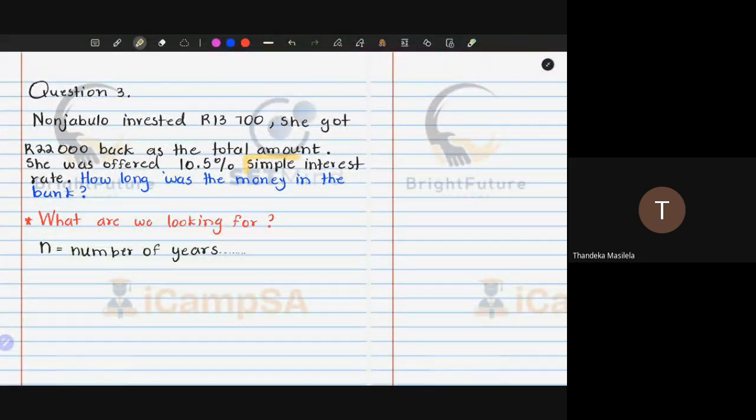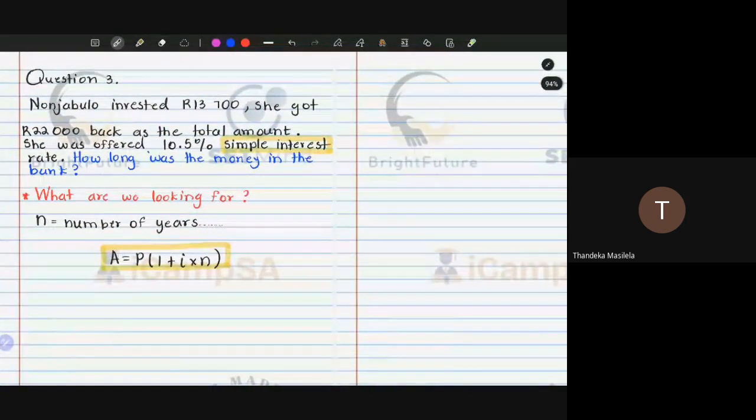So simple interest tells us that we are now going to use the formula A equals P into 1 plus I times N. We are not going to use the one which has the M and other things there, because that one is for compound. The M is for compounding period, and we don't see any compound here. Okay. So what we are going to do here is to just sub what we have.